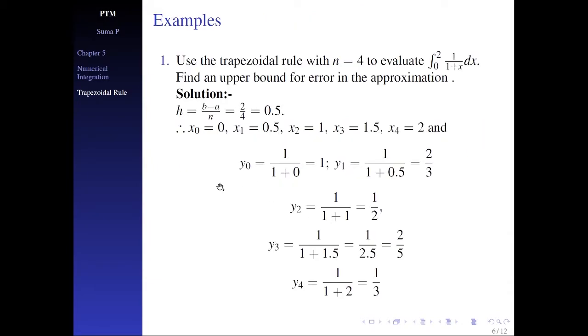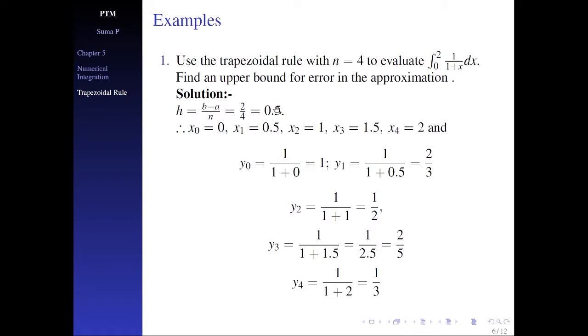Now consider an example. Using the trapezoidal rule with n equal to 4, evaluate the integral 0 to 2 of 1 by (1 plus x) dx. Given n equal to 4, we have h equal to (b minus a) by n. Here the limit is from 0 to 2, so 2 minus 0, that is 2 by 4, which is 0.5.